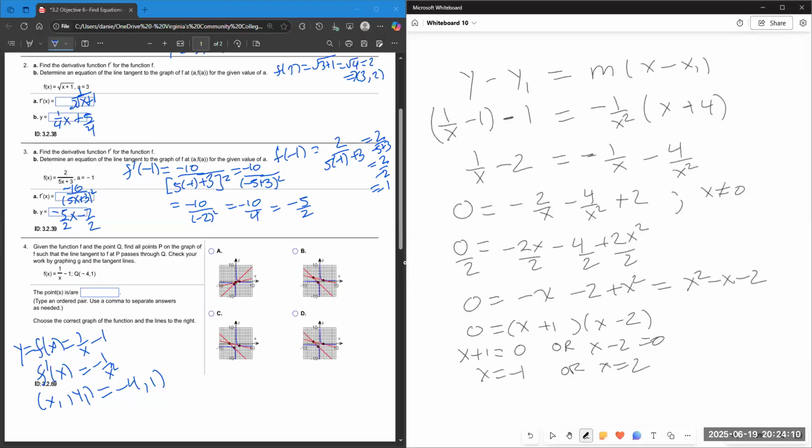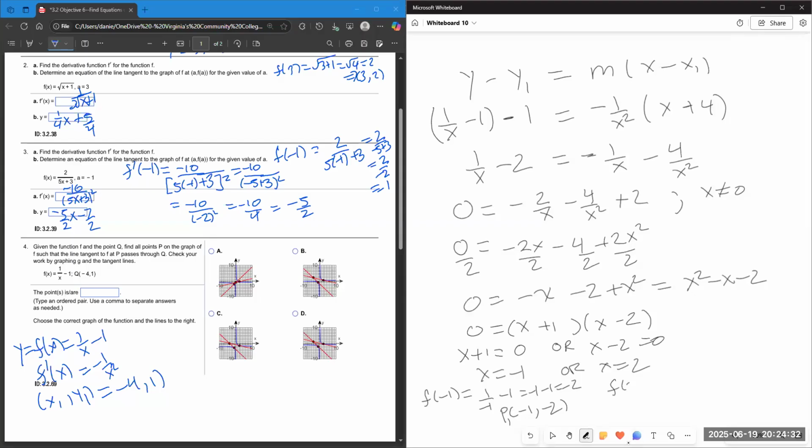So now let's look at what f of negative 1 is. That is 1 over negative 1 minus 1. Negative 1 minus 1 is negative 2, giving me the point negative 1, negative 2 on the graph. So I'll call that P1.